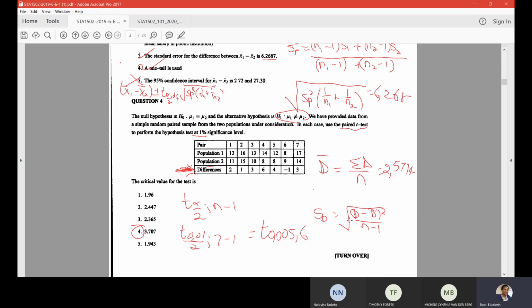Then if I calculate my standard deviation, the answer I get is 2.2254. Do you get the same?